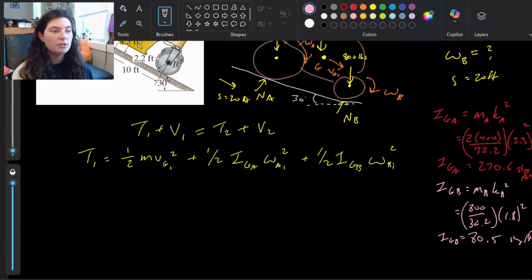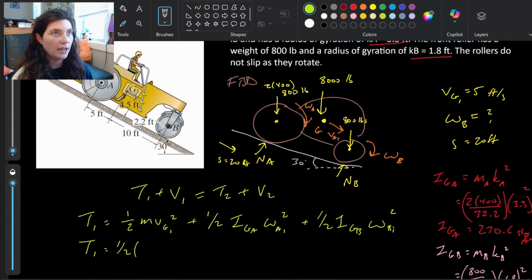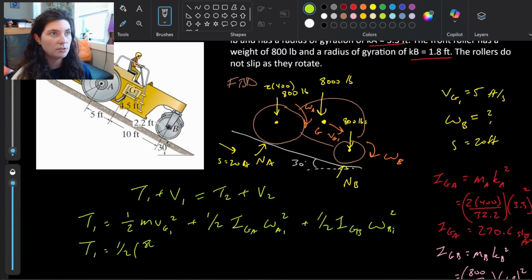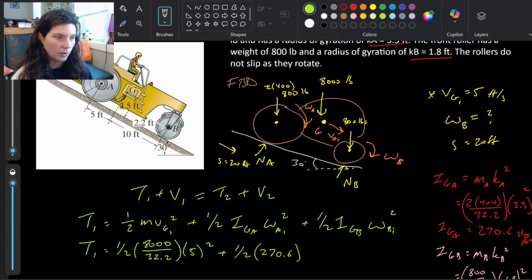Okay, so with all of those, I can go ahead and plug in numbers here. So T1, I'm going to have 1/2 times the mass of the tractor, which was 8,000 pounds, over 32.2, times VG, which was given over here, 5 squared, plus 1/2 times my IGA, which we said was 270.6, times omega A squared.